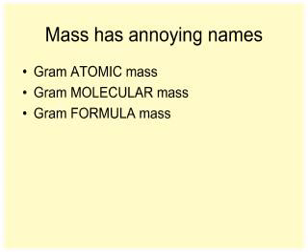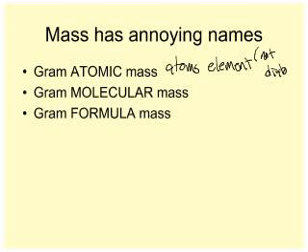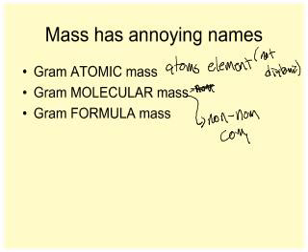Oh, mass has annoying names. We have a gram atomic mass. That would be if something is made out of atoms. This would be elements, by the way, not diatomic elements. Gram molecular mass would be non-metal compounds or diatomics.